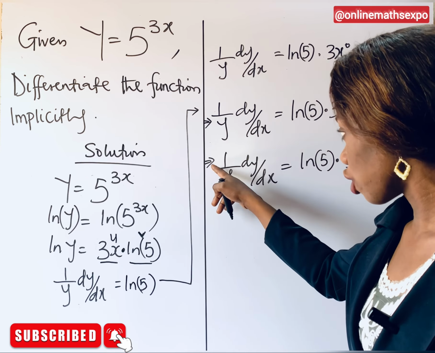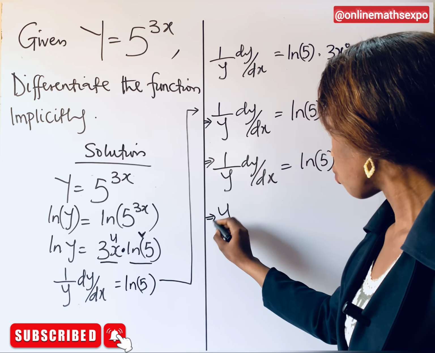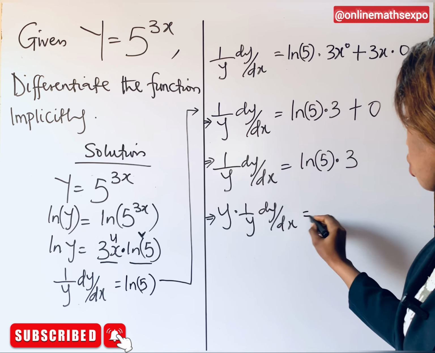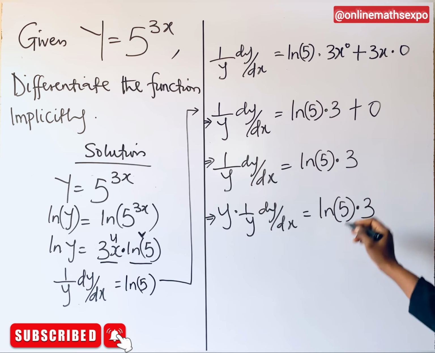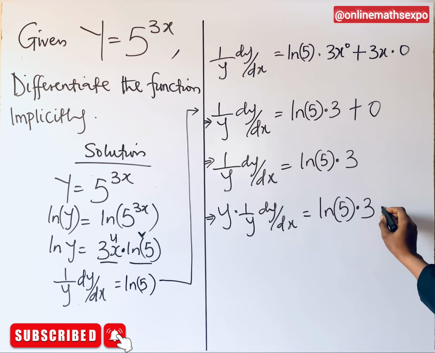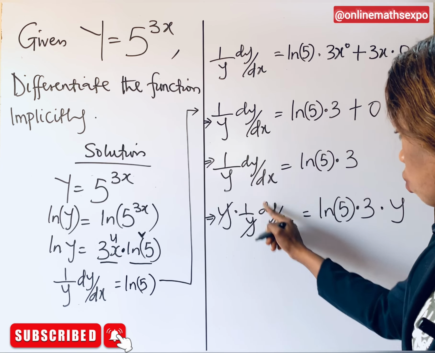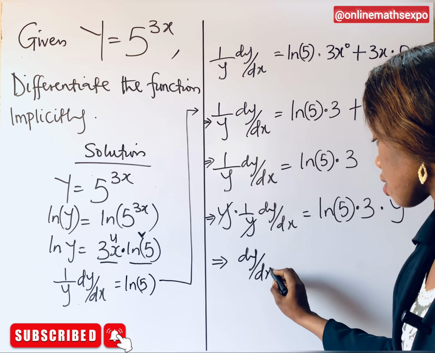To remove it, you are going to multiply both sides by y. So we have y, we multiply 1 over y dy dx is equal to ln 5 multiplied by 3. And you also multiply this by y so that the equation will be balanced. So this will cancel, and 1 multiplies dy dx is going to give you dy dx, okay?